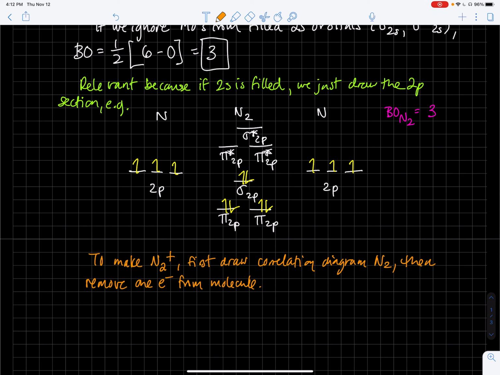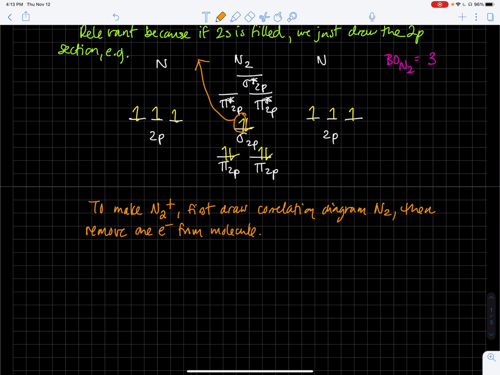I like to just go to the middle section. Which electron will we remove? We'll remove the highest energy electron. It actually could be either of these 2. I like to circle it and show that I'm going to kick it out of the molecule, so it's no longer in there.